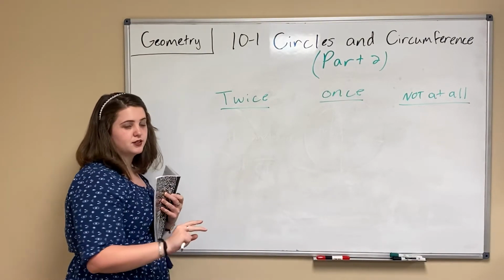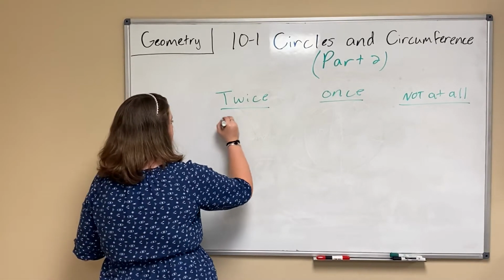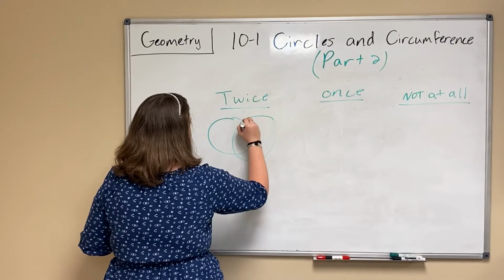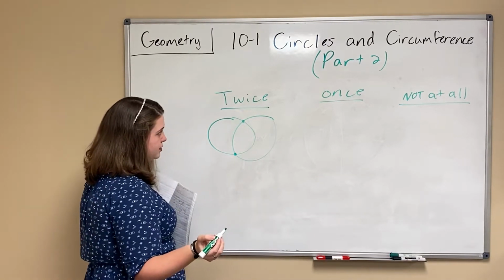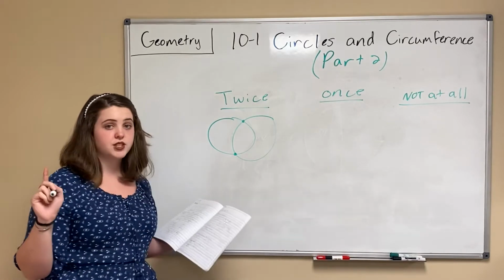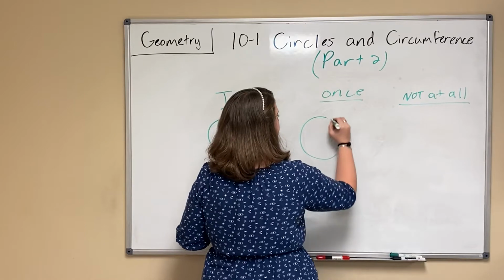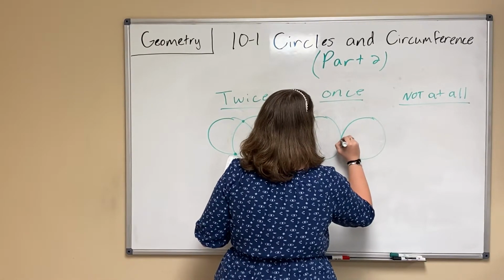Intersecting twice is going to look kind of like a Venn diagram, if you've seen one before. It's just going to be one circle, another circle next to it, and they're going to have two intersection points. If it only intersects once, it's going to look like two circles that just barely touch at one place.